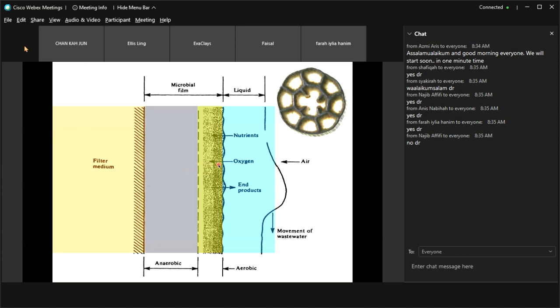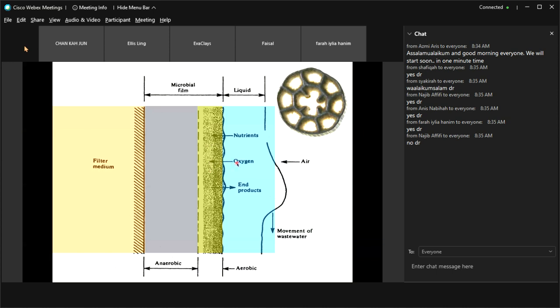But eventually, when the biofilm gets relatively thick, from the point of view of the microorganism, we will find that the inner part of the biofilm will become anaerobic. Okay, because the microorganism at the surface of the biofilm will consume the oxygen.